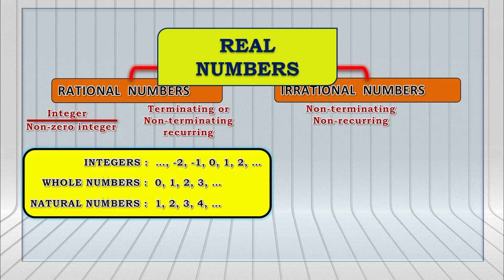If we take these combined, there come the real numbers. So real numbers can be divided into two parts, rational numbers and irrational numbers. Rational numbers are those which can be written in p by q form, or that are terminating or non-terminating recurring, and irrational numbers are those which are non-terminating, non-recurring numbers.